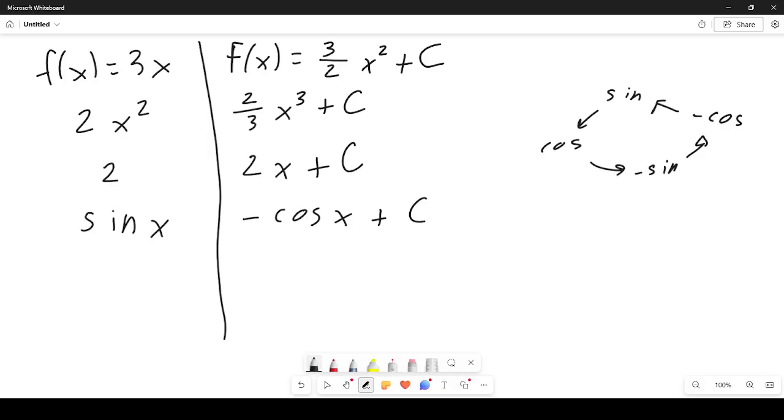Okay, what's next? x to the n, where n is greater than or equal to 0. All right, so this is the power rule. We know the power rule for derivatives would be n x to the n minus 1. We're doing the opposite here. So in the opposite order, we first raise the exponent by 1, then divide by the new exponent.